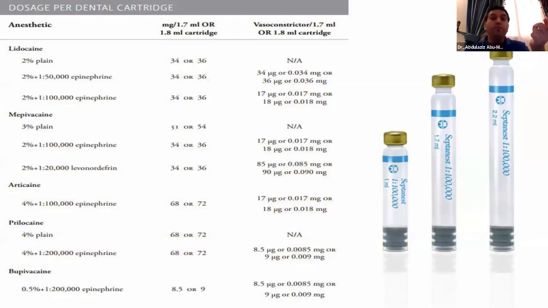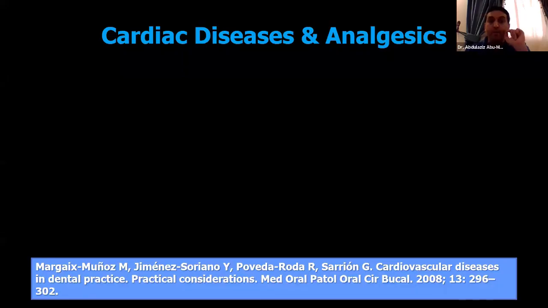On the other hand, if you are using the 1 to 50, which we don't have in Saudi Arabia, maybe 1 to 80. But if you are using, for example, the 1 to 50, you can use only 1 carpule for that cardiac patient. So you want to know how many milliliters, how much is the lidocaine, and more importantly, how much is the epinephrine in milligram, to know that number equals how much in 0.04 milligram.